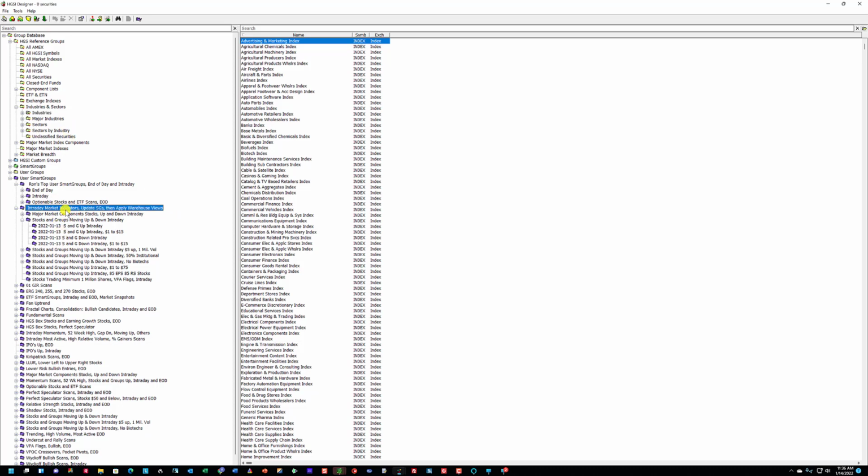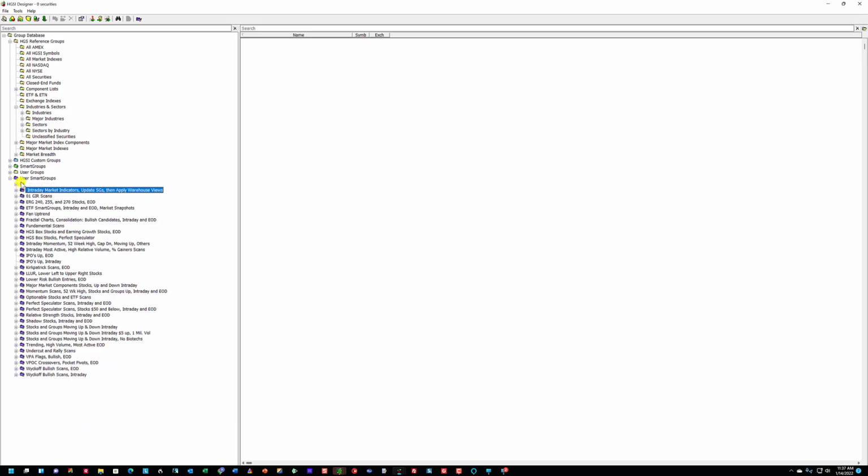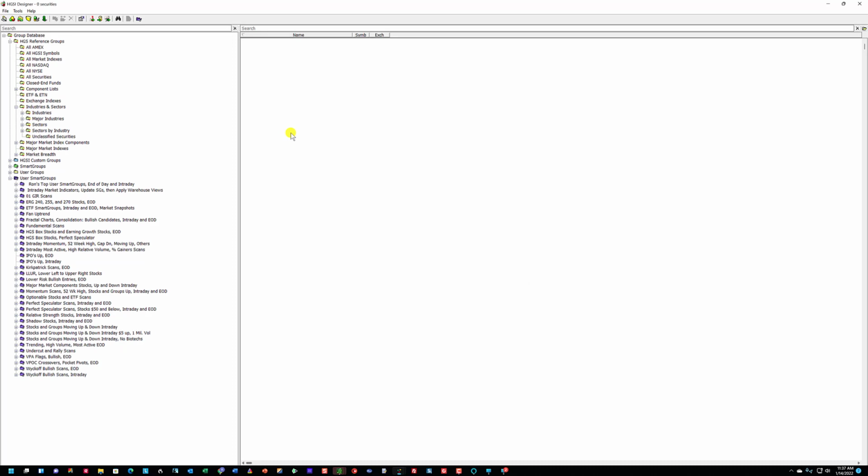Now the next thing I'm going to do, I have these smart groups, these user smart groups. So I want to update my user smart groups. I'm going to go to my tools and go to rebuild user smart groups. Now I have quite a few user smart groups, so it takes a minute probably to go through and build all of these.